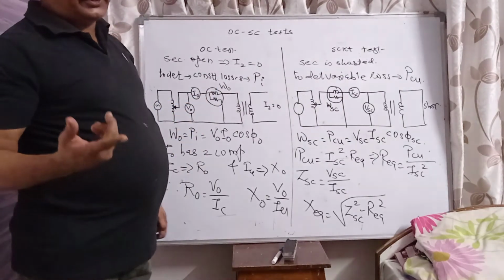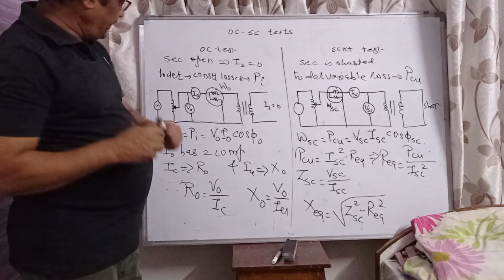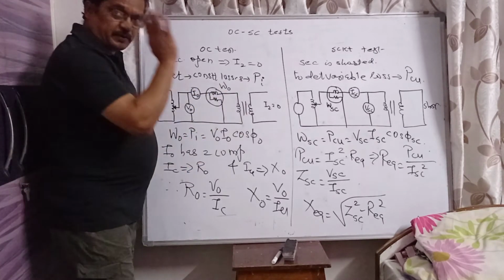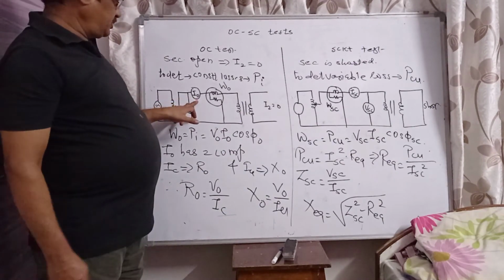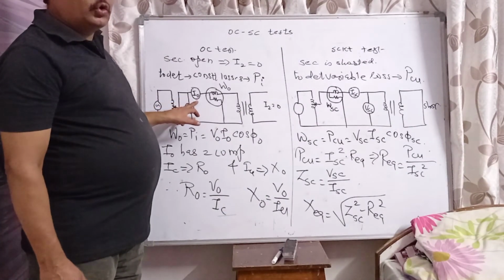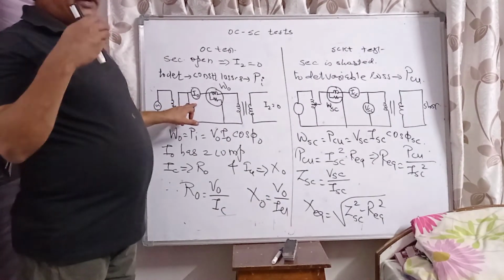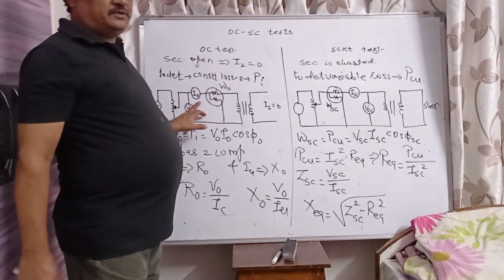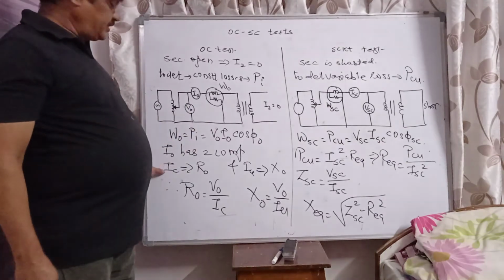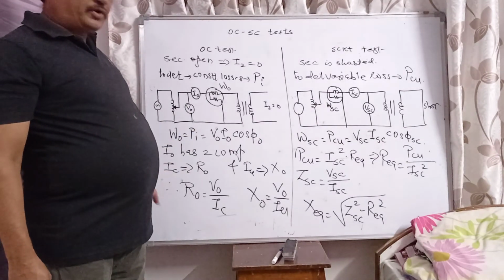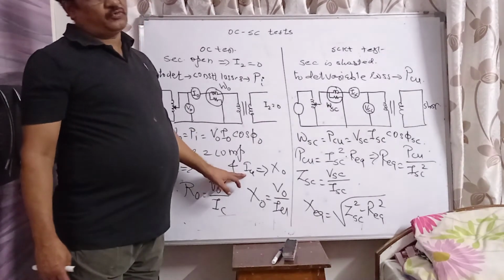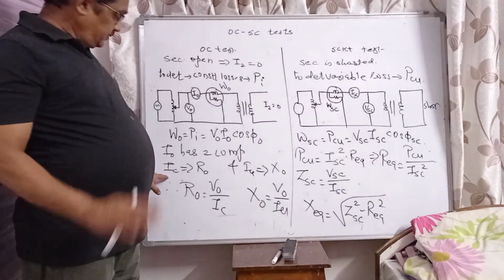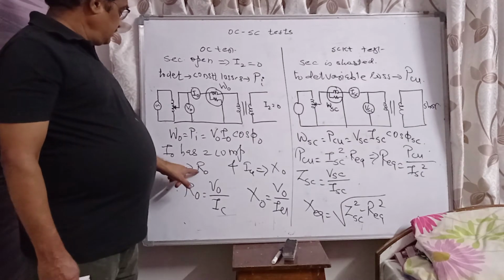In AC circuits we have studied power is VI cos phi. So W0 is V0 I0 cos phi 0. But since this is the primary current, the no load primary current, in the previous article we have studied that the no load primary current I0 has two components. One component is the core loss component that flows in the resistor and one component is the magnetizing component which flows in the inductance.